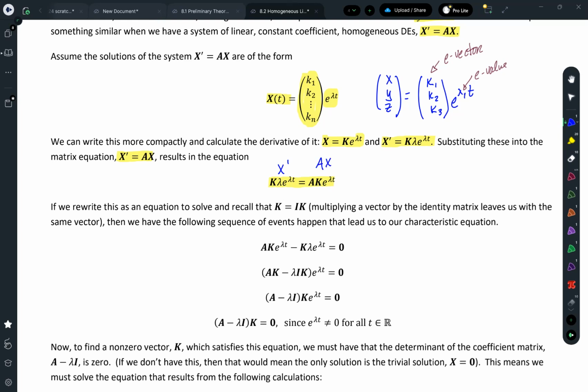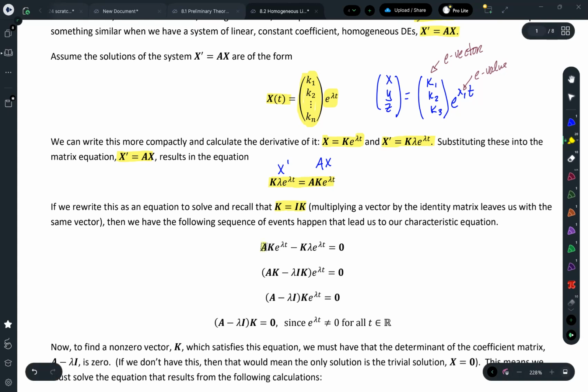Now, if we rewrite this as an equation to solve, just as we did when we were doing the matrix review, we recall that we can always rewrite any vector k as I times k, where I is the identity matrix.